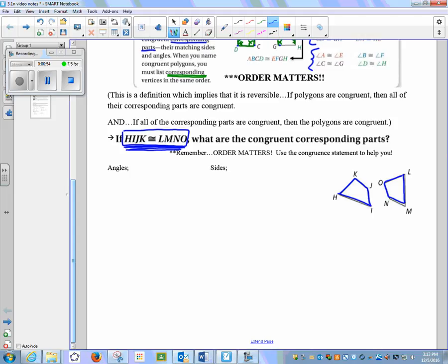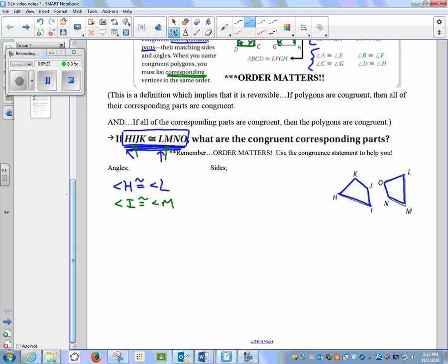I know just by looking at this statement that H is in the first position and L is in the first position, so angle H must be congruent to angle L. And keep going. I is in the second position, M is in the second position, so angle I is congruent to angle M, etc. You could keep going with those angles. I want you to finish that on your own.